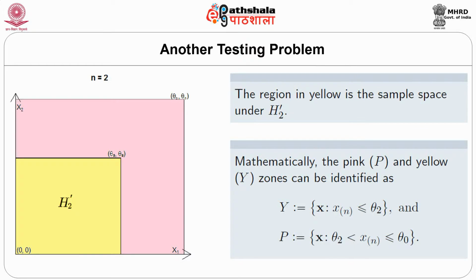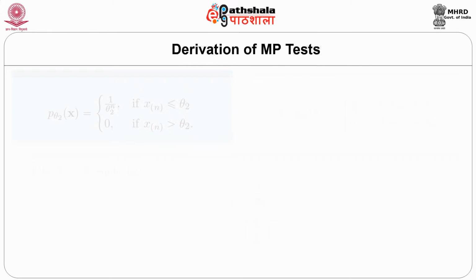Now, mathematically the pink region is the set of x for which x order n, that is the maximum of x1, x2, ..., xn, lies between theta 2 and theta naught, and the yellow region is x order n less than or equal to theta 2. So, yellow union pink, the big square, is the sample space under the null hypothesis theta = theta naught. Now, we want to derive the most powerful test for this problem.